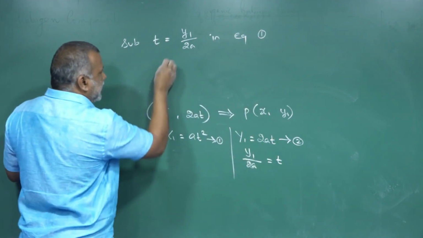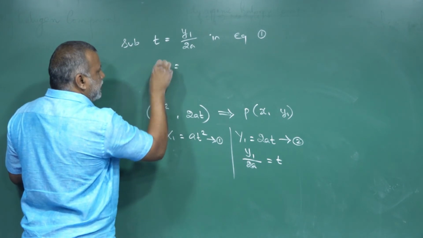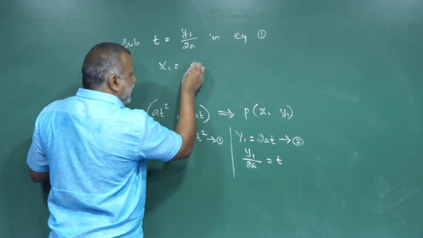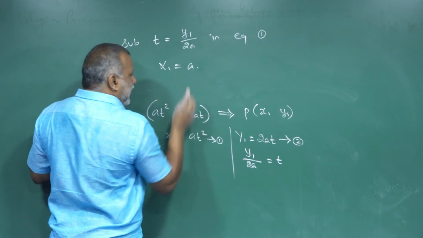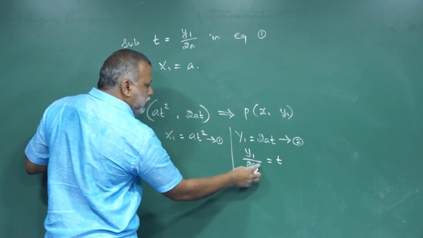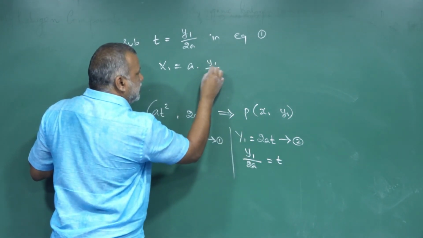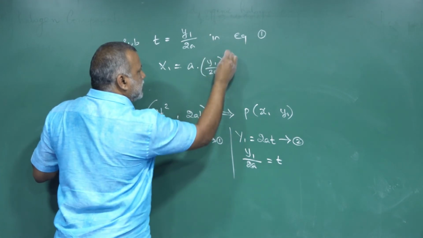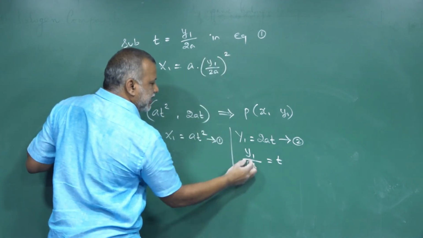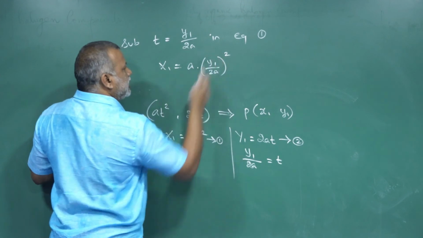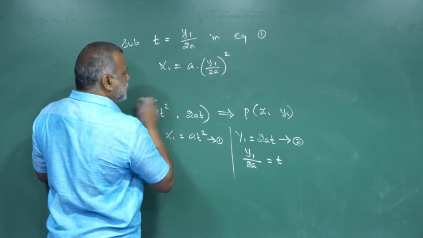Now listen, x1 equal to, a is a constant, and instead of this t, I am using y1 divided by 2a the whole square. Now I have to simplify this.